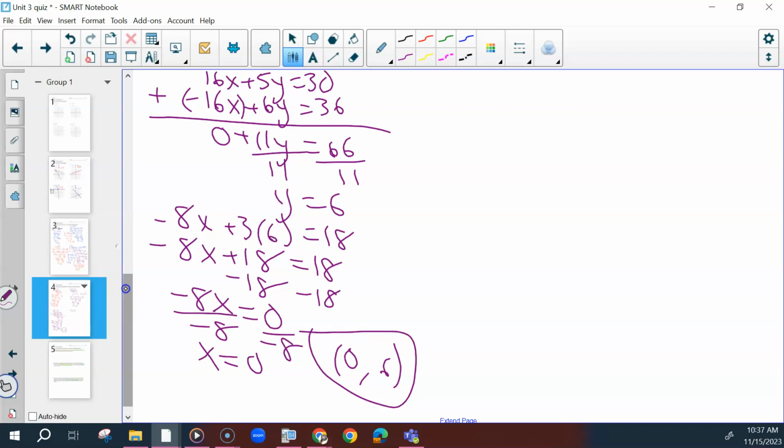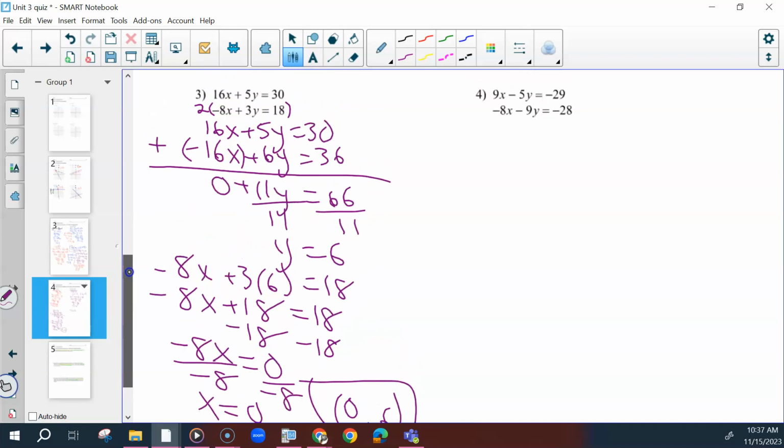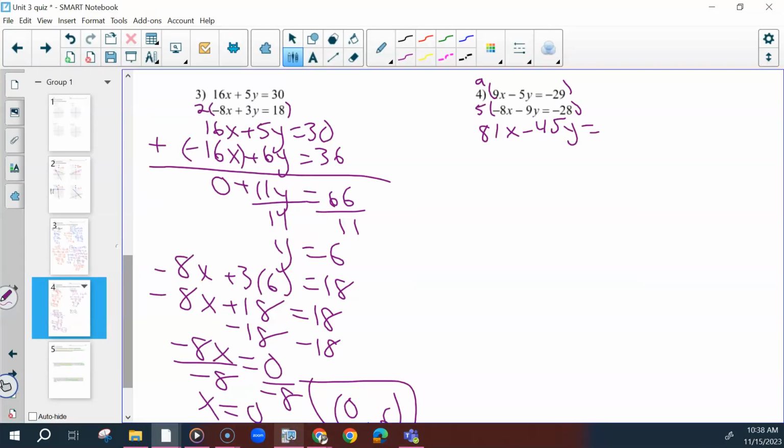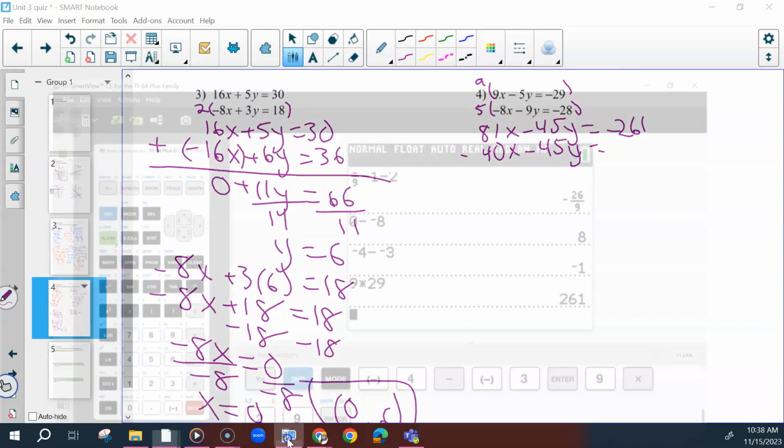The last one, you have to change both of your equations by something. If you chose to eliminate x or y was up to you. Most of you got rid of y by multiplying these by 9 and these by 5. We had 81x minus 45y equals whatever that was, and then negative 40x minus 45y equals whatever that was.